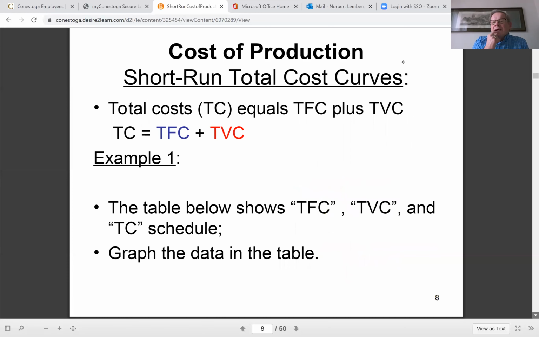So your total costs are going to be the addition of your total fixed costs plus your total variable costs. That's the first equation that we will be working with. As an example, the table that I'm about to show you has your total fixed cost and total variable costs. You add those two together and you will get your total costs.